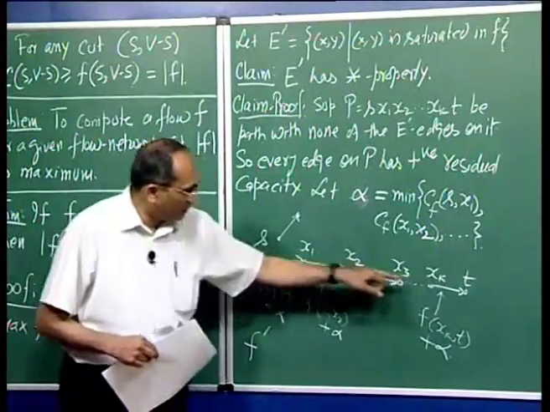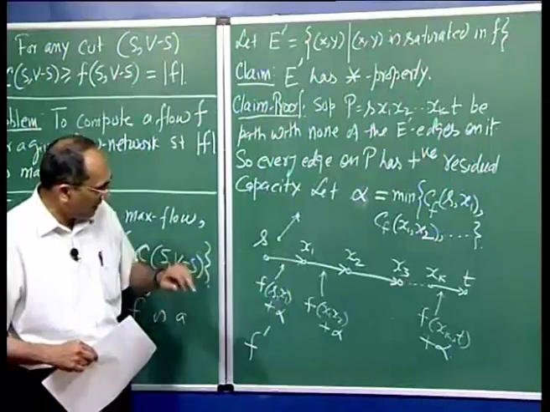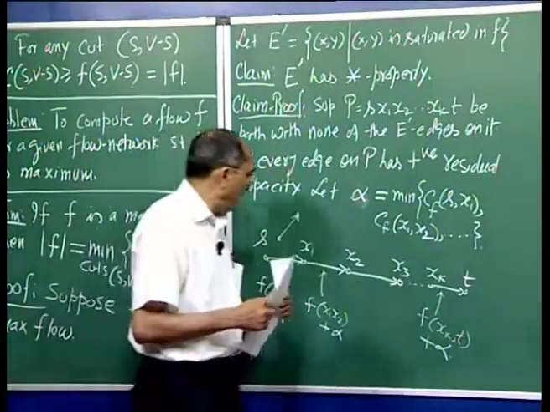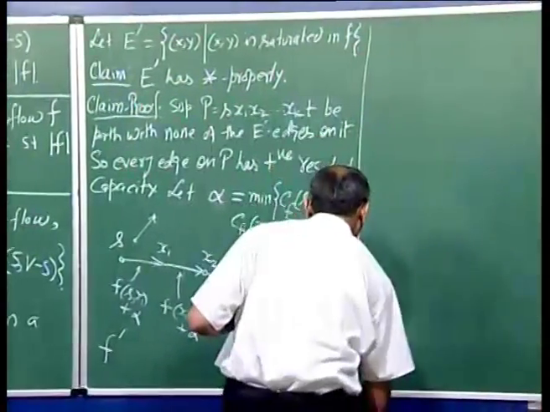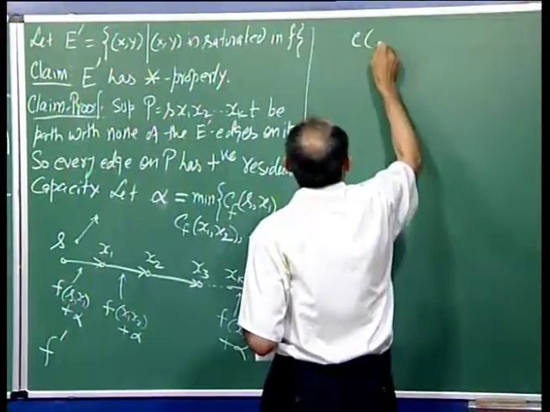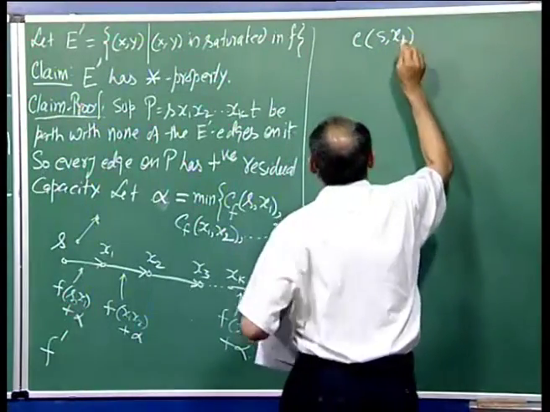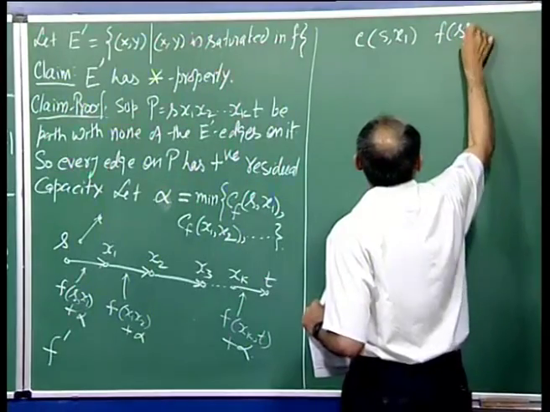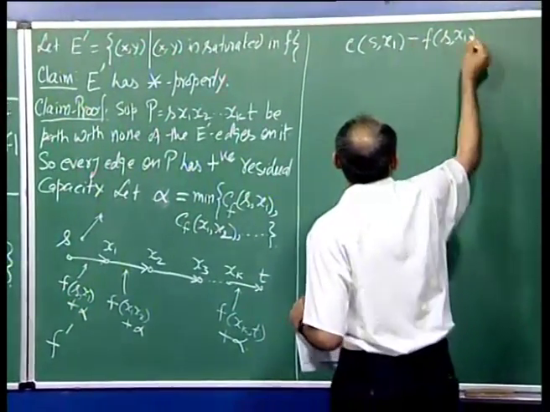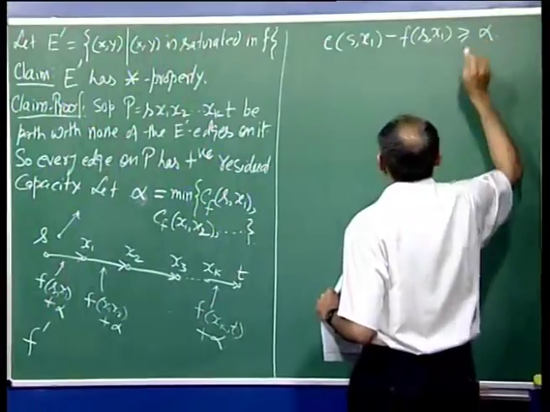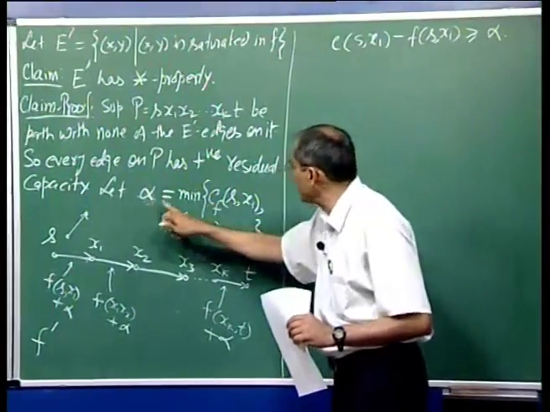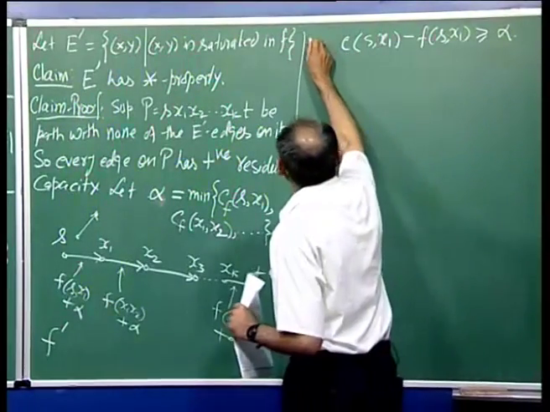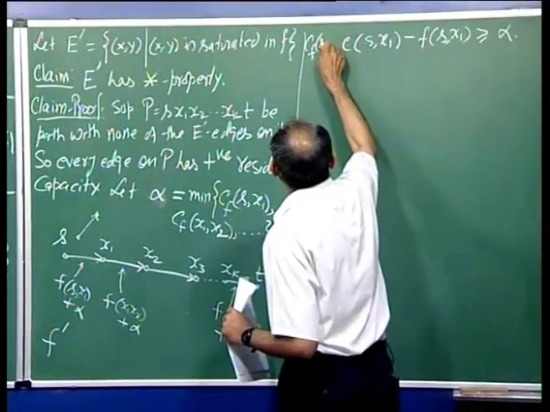Now, let us talk about these. This edge had capacity C S x1, flow was f S x1, and the difference was greater than or equal to alpha. That was the choice, alpha was the smallest of these. This is our Cf of S x1.